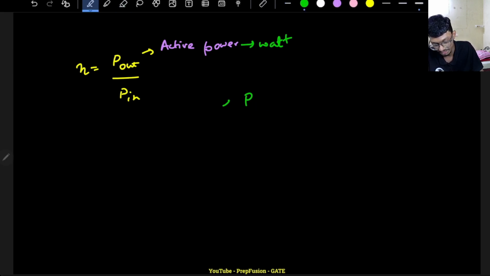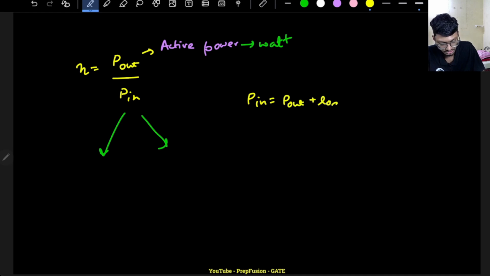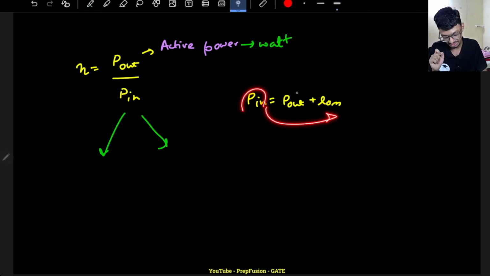Efficiency can be written in two ways. So first way and second way I will discuss. So one way is to write that my input power is the addition of the output power and losses, because of course someone has to deliver the power for the losses, right? Who will deliver? The input will deliver. So input has to deliver for losses as well as the output power that will go to the load.